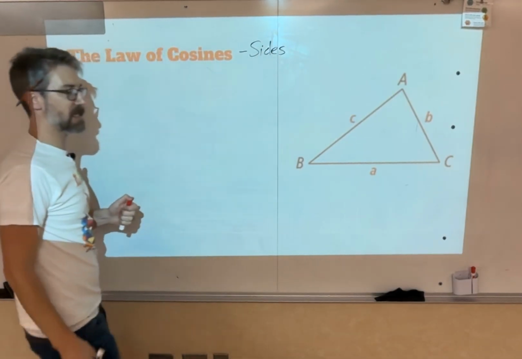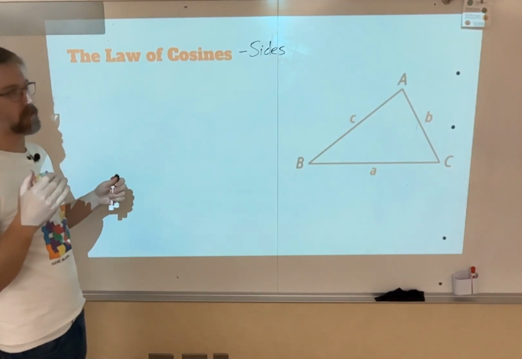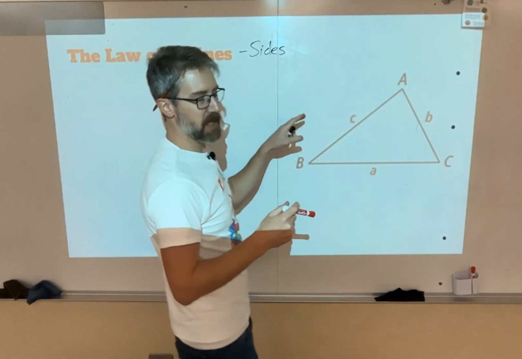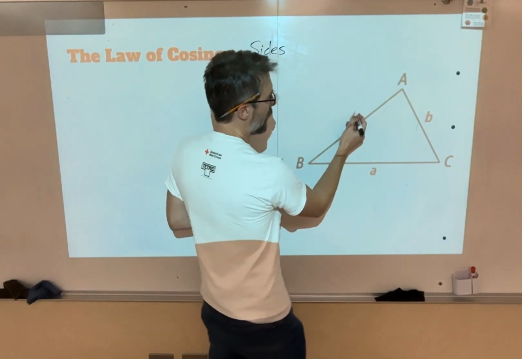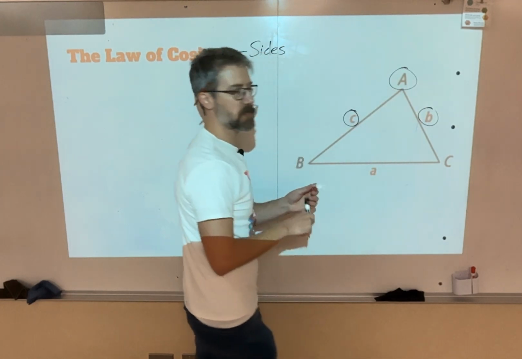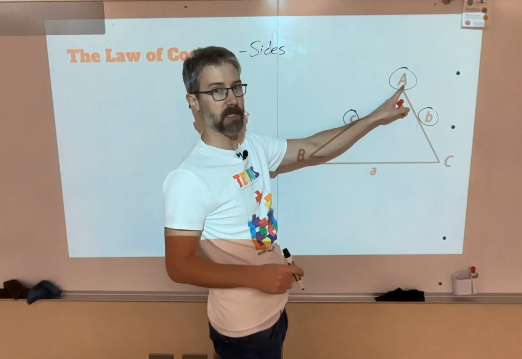So we'll say this is the sides version. For this, it has to do with the relationship between an opposite side and its opposite angle, but the information that we have to start with is going to be different from the law of sines. So I'm going to circle the things that we have. If I have this side length and the included angle, right?